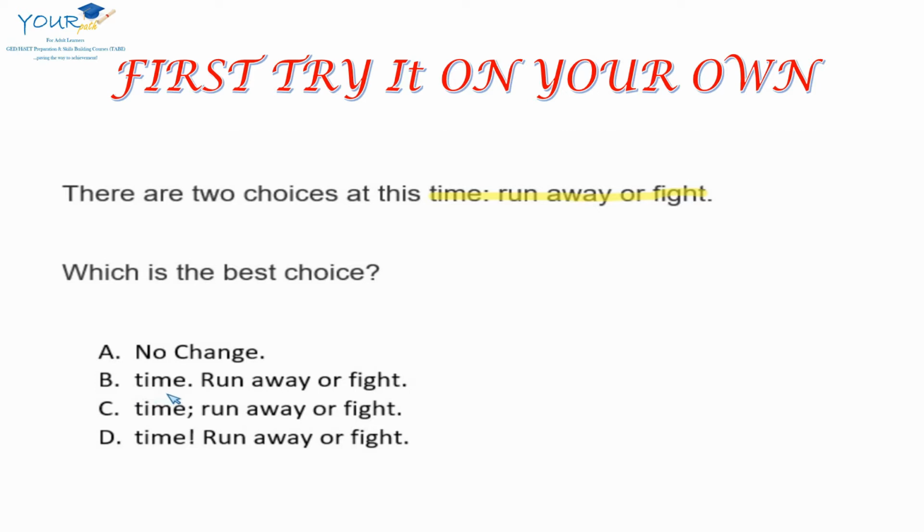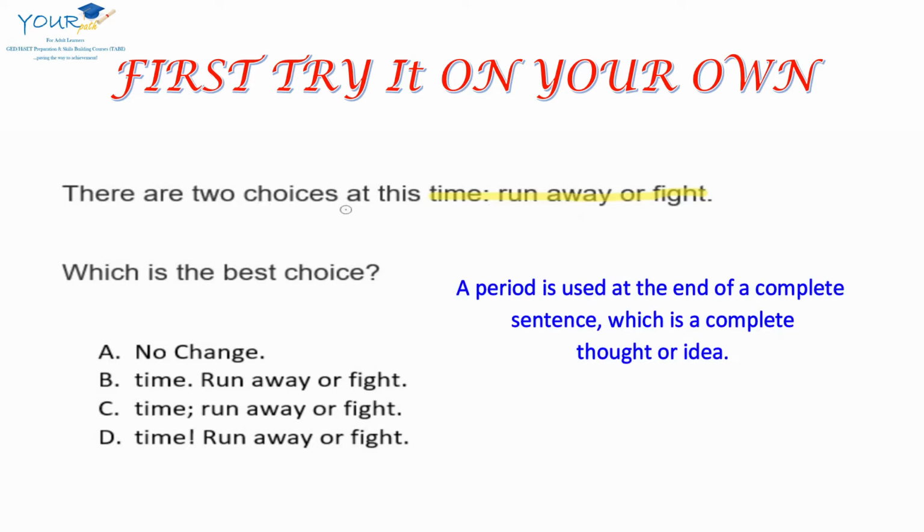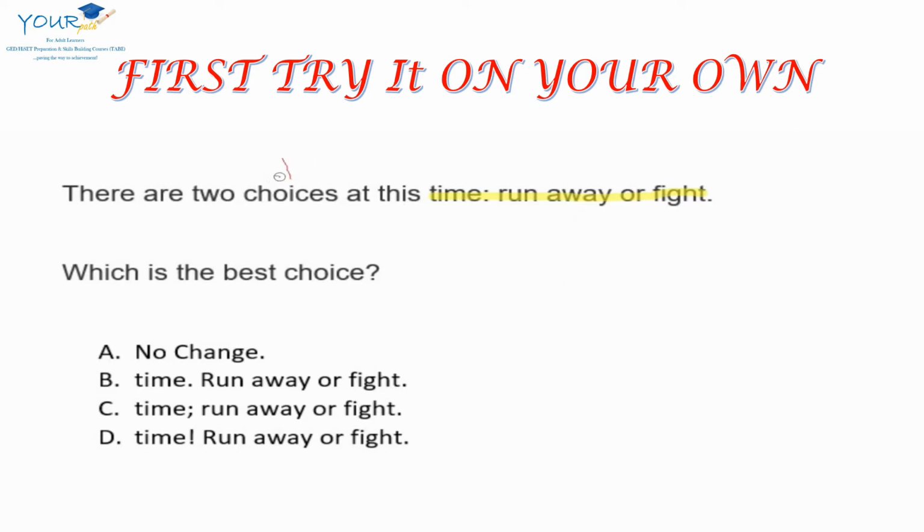And here we have time, period, run away or fight. So this is asking us to use a period right here in the place of the colon. Now, if we were to put a period there, we would have, there are two choices at this time, period. That leaves us with this independent clause here.